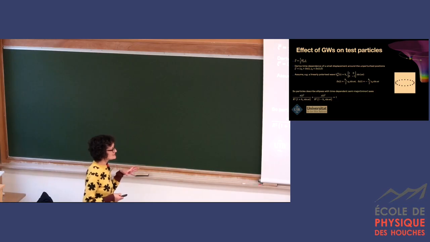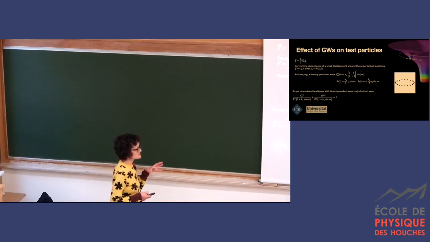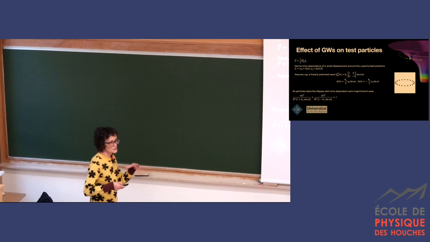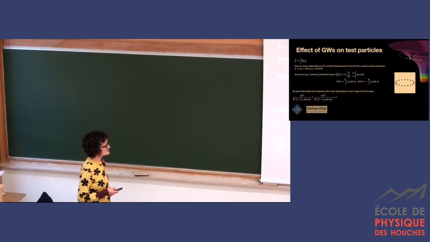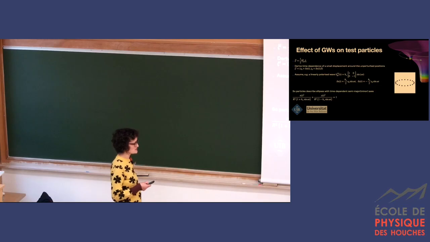Essentially, the semi-major and semi-minor axes are now stretching and squeezing because of the passage of these gravitational waves. In this case, we simplify the derivation, assuming just a plus polarization for simplicity.